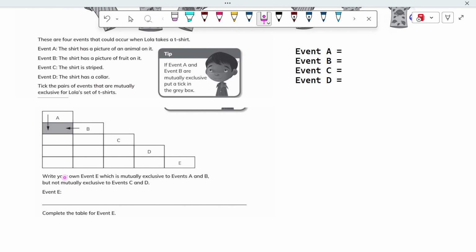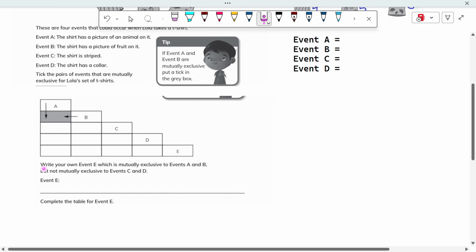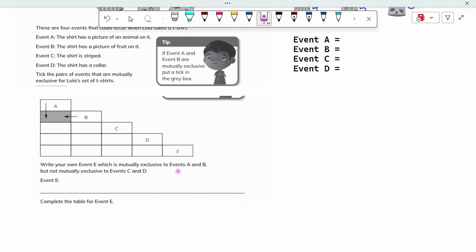So that's how it works. The follow-up says, write your own event E, which is mutually exclusive to event A and B, but not mutually exclusive to C and D. So write a statement for event E over here. Then we complete the table for event E. So we are going to do some ticking for event E over here.